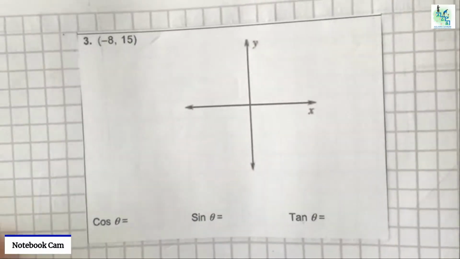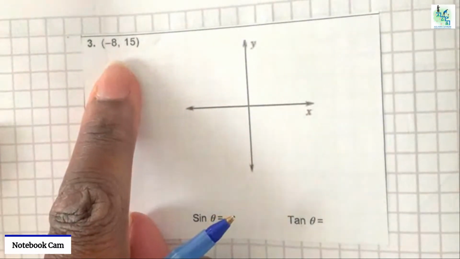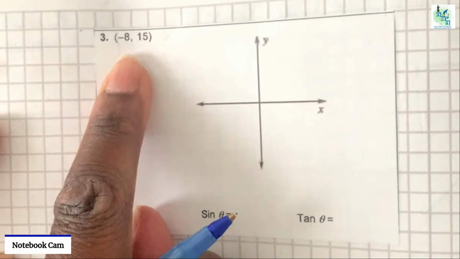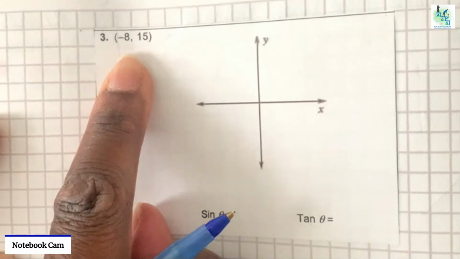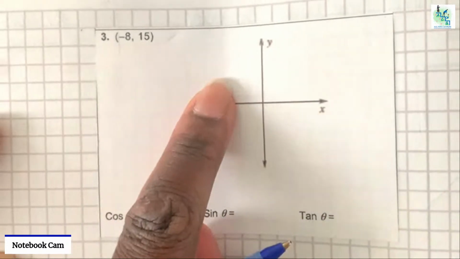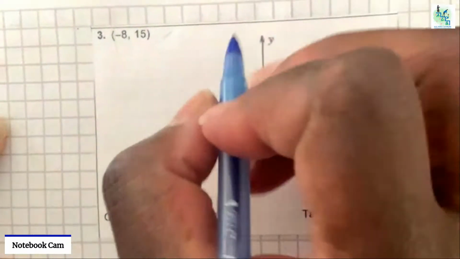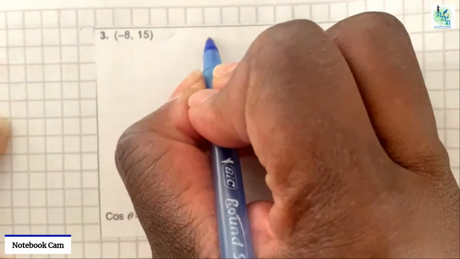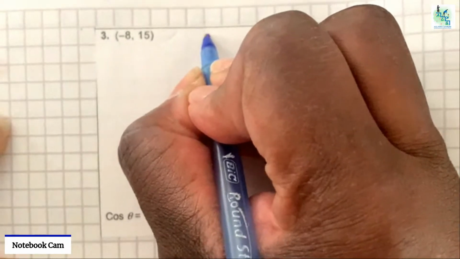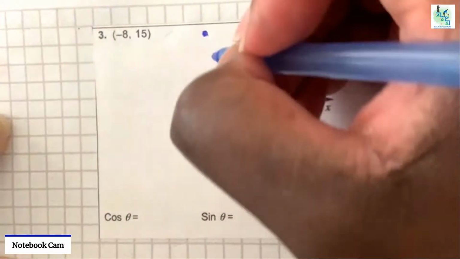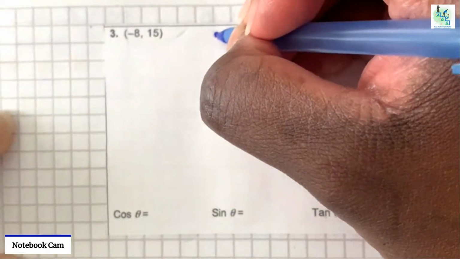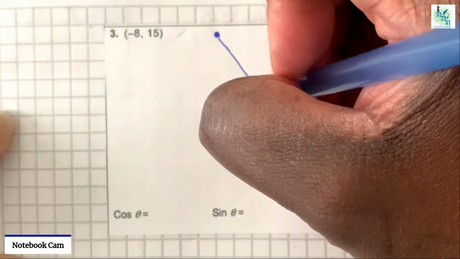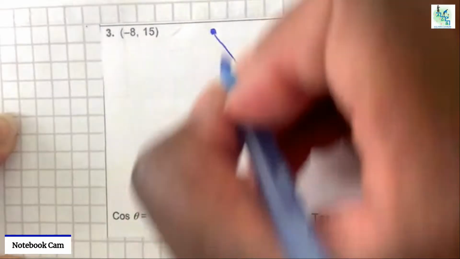So, first thing, what quadrant is this going to be in? -8/15. What quadrant? Okay. Second quadrant. Good. So, -8/15, somewhere all the way up here. All right. So that means I'm drawing from this point to my origin.